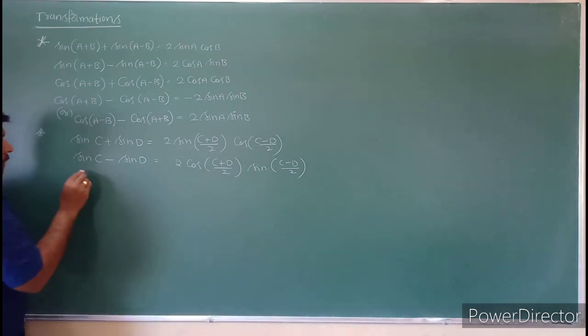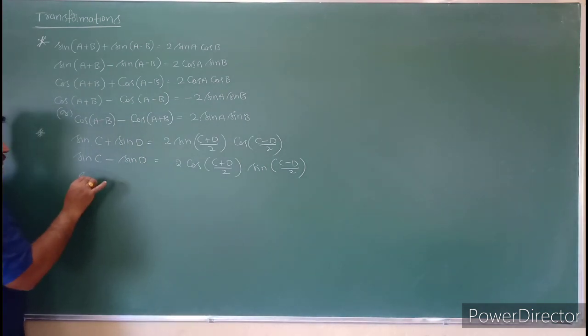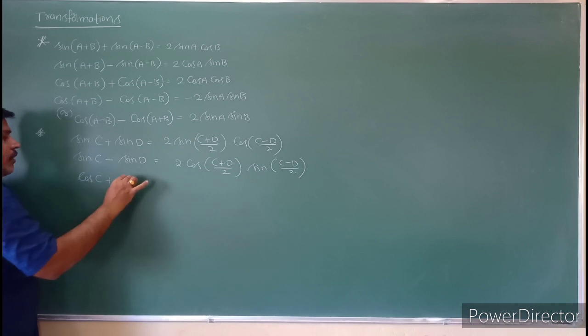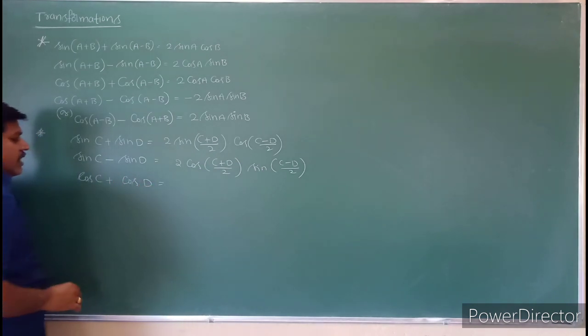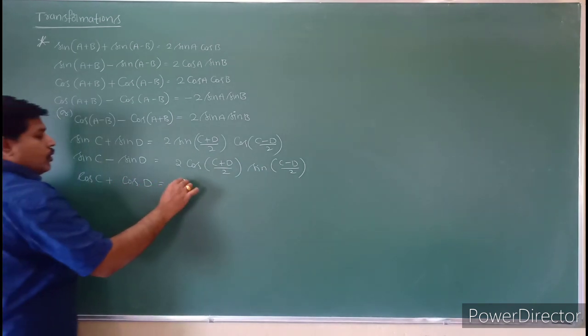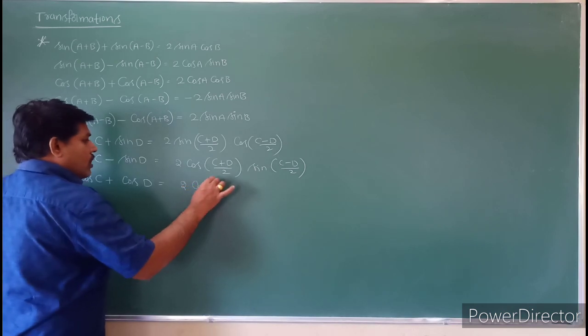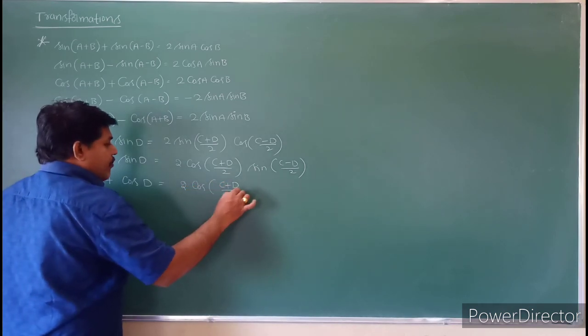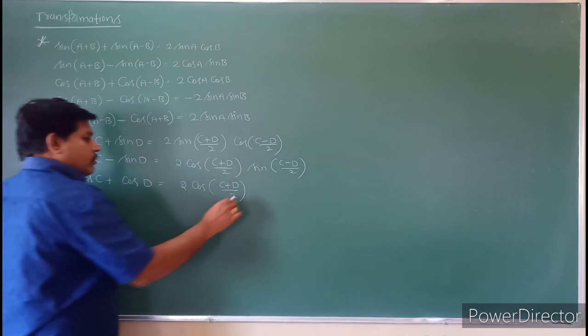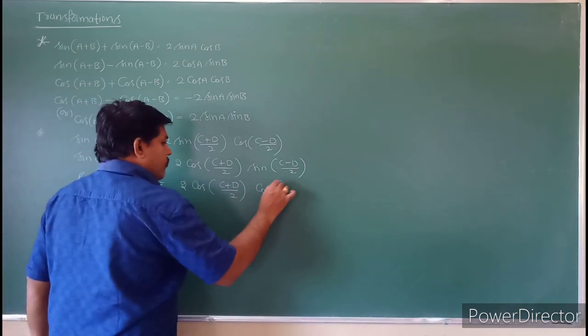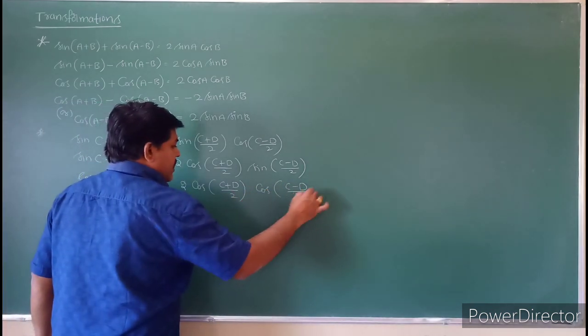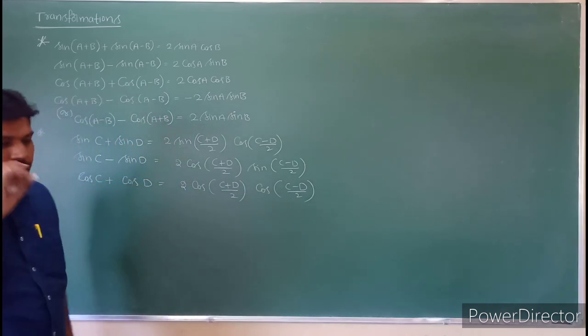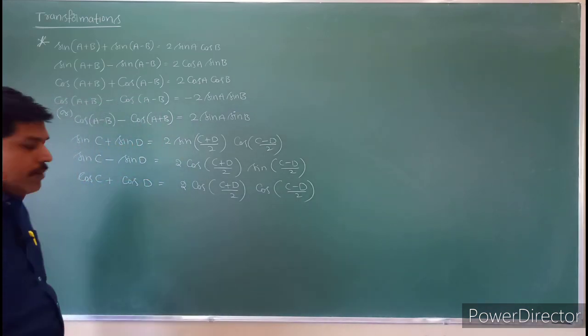And cos c + cos d is equal to 2 cos((c+d)/2) cos((c-d)/2).